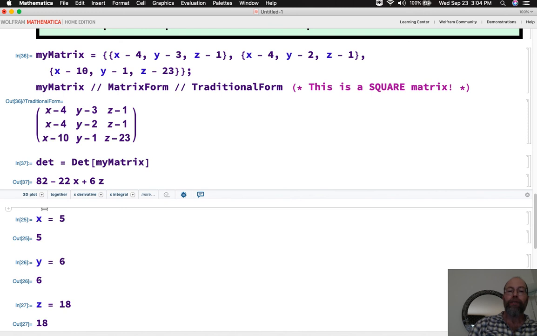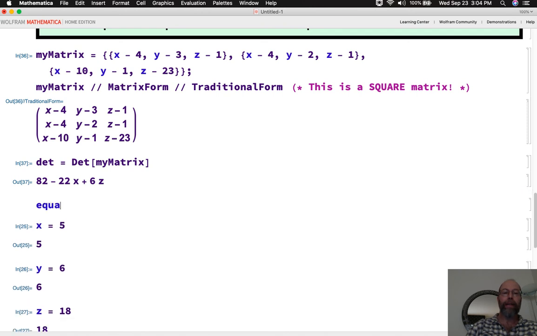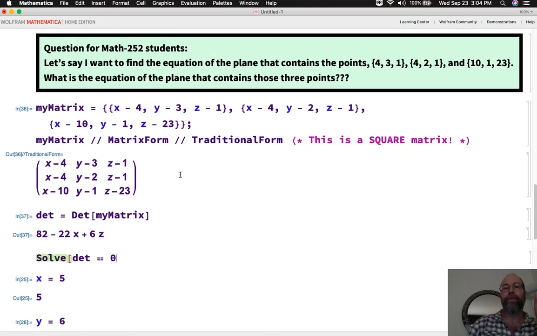So the equation of this plane is going to be, well, I could solve this for z, right? Solve det is equal to 0, and there's a complicated reason for this. It's a little bit hard to explain, but in three-dimensional space, I have 3 points that describe a plane.